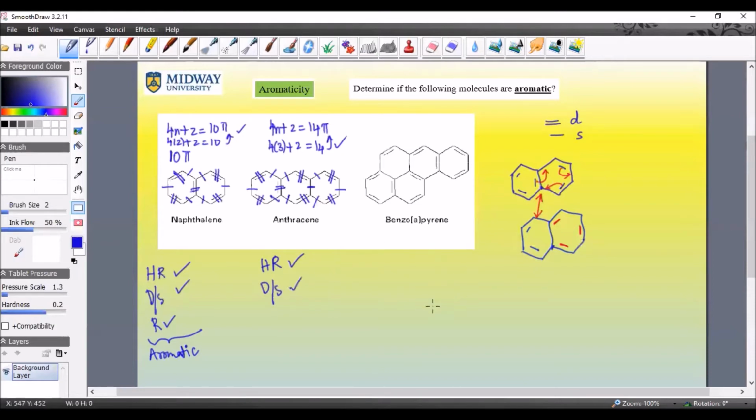Now the idea of resonance, right? So I'm going to redraw this molecule the way it looks in its original form, okay? And as I said, you can only move into one ring at a time. You cannot move through the entire molecule, which could lead to some other confusions, all right? So I'm going to get my red.